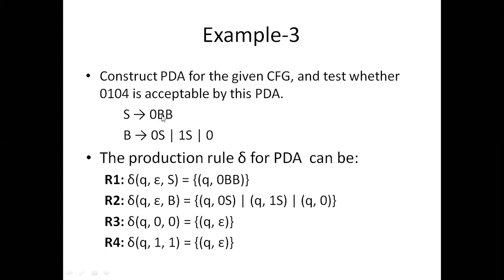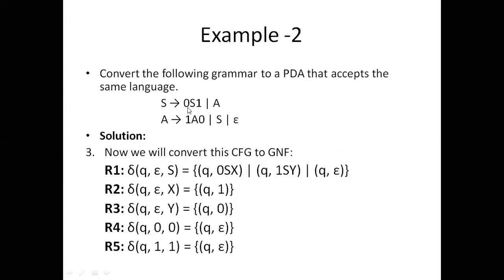So GNF says that there can be one or more non-terminals, but the start should always be with a terminal. Okay? Either you have only one terminal, or if you want to have non-terminals, necessarily before them there should be a terminal. If you look at the previous one here, this is not in GNF form, because we had one terminal, after that there is one non-terminal, and then we again have a terminal, which is not allowed.